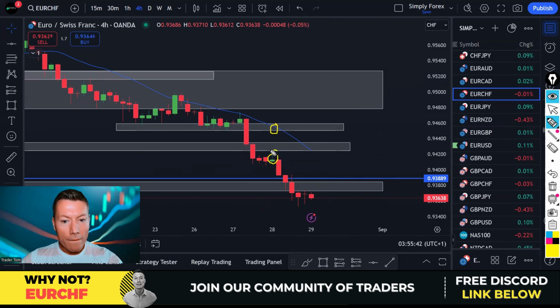So there's no value here, right? So I didn't take the trade. And as you can see, price just came shooting down. There was no retrace. And basically a retrace represents value. You're going to get in at a better price before you come lower.